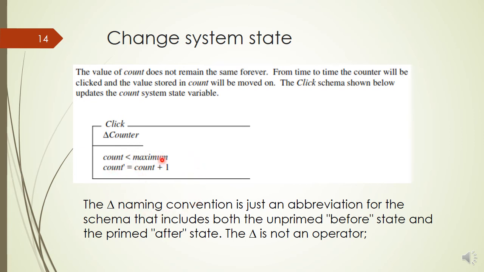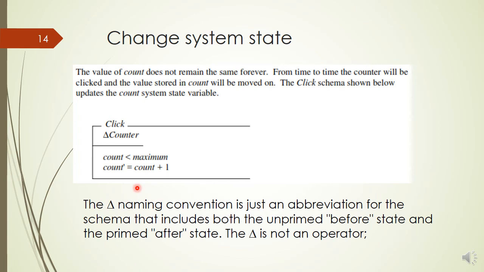For every operation you must have some kind of precondition, and by applying that operation you must have a postcondition. So the predicate part is basically a precondition for this operation click. It means that by applying the click your count must be less than maximum, not less than or equal to maximum.